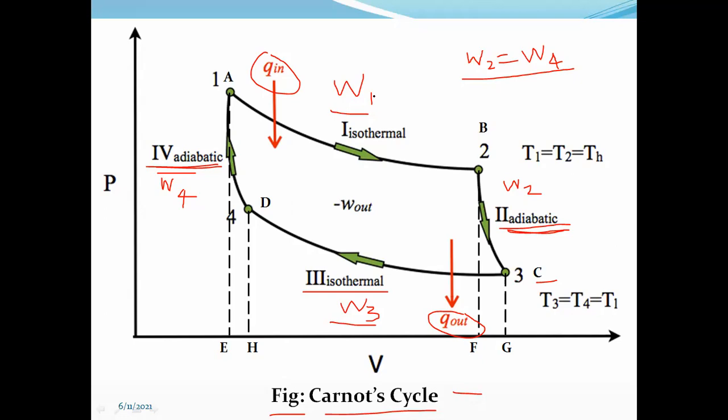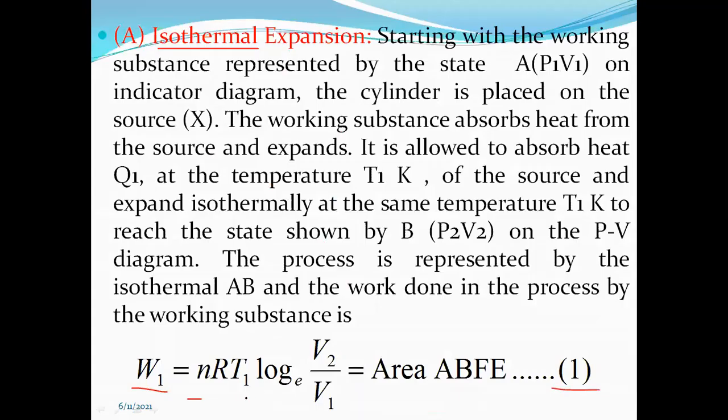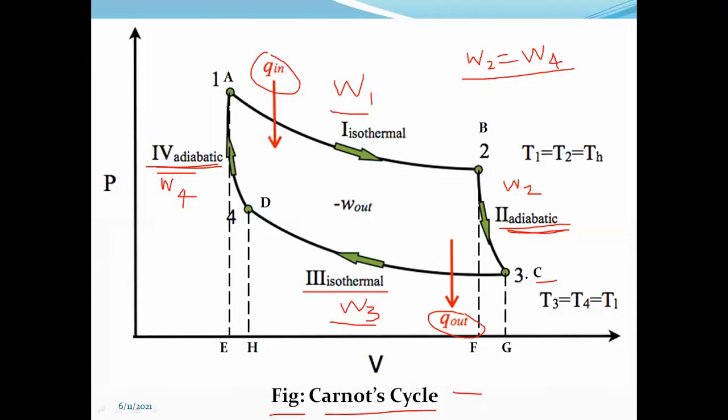Here we have written W1 as nRT1 log to the base e V2 upon V1. Now just remember, from 3 to 4, or from C to D, we describe isothermal compression. That is W3. In W1, the direction of the working substance is from A to B, and in W3, the isothermal compression, it is from 3 to 4.